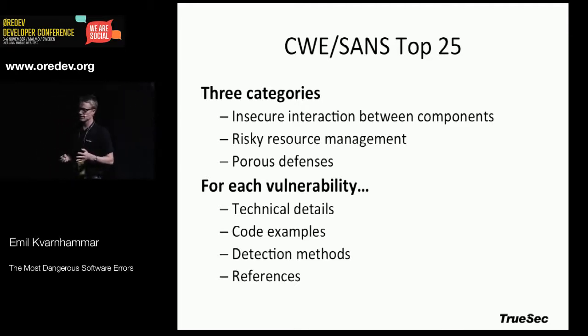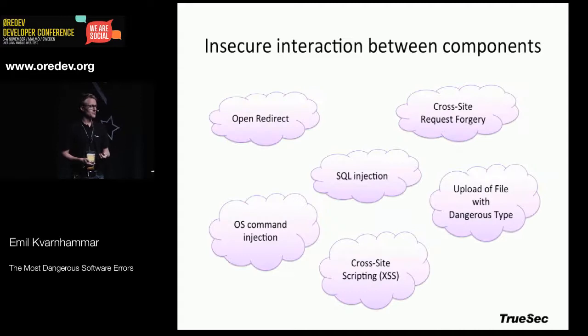In the list, for each CWE identifier, which means for each type of commonly occurring vulnerability, there are technical details, code examples, recommendations of detection methods, and some references where you can learn more about this type of vulnerability. So it's a really structured way of learning more about security attacks and learning how to fix them if you have these types of vulnerabilities in your software, which you might.